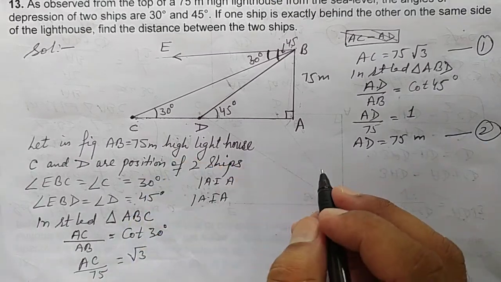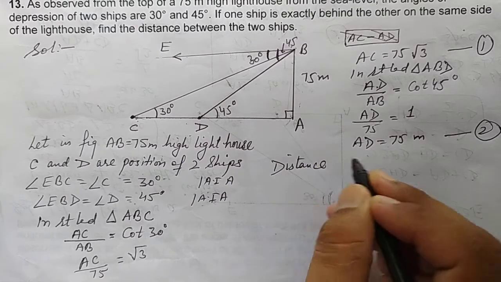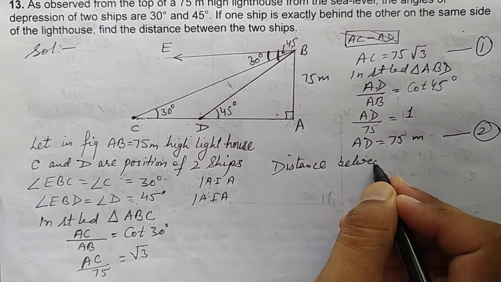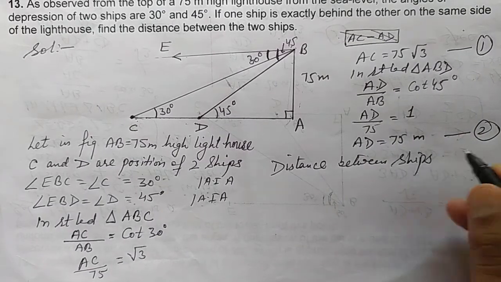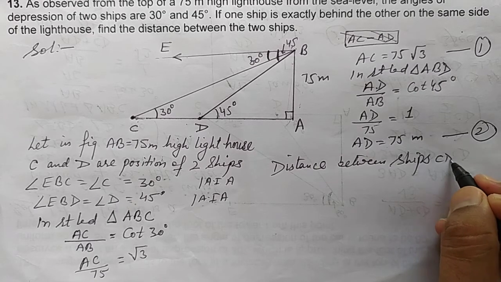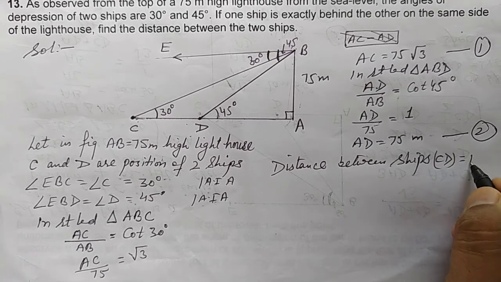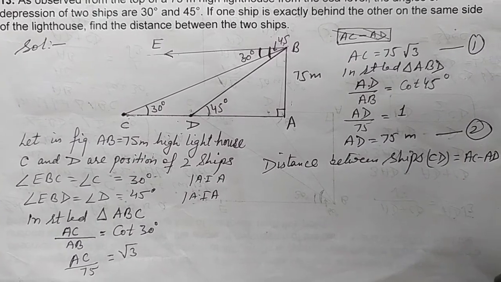So we have to find out CD. So we'll write distance between ships, that is, we have the length here with us, CD. So CD is AC minus AD, right? AC minus AD.